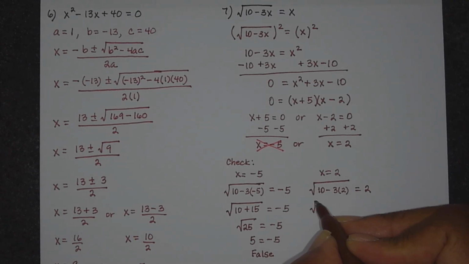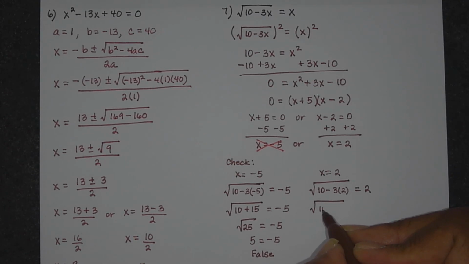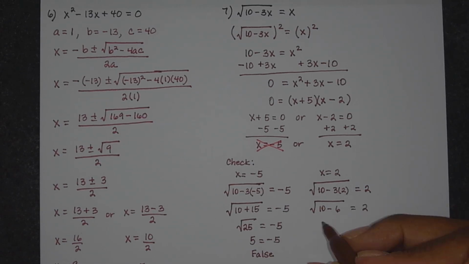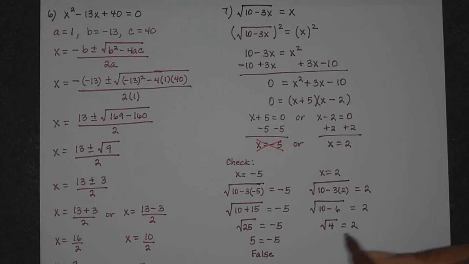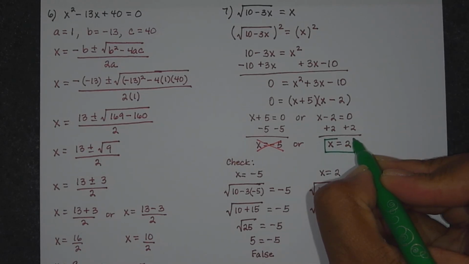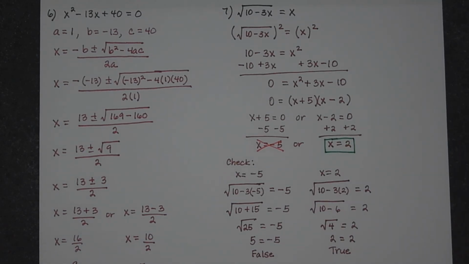Underneath that square root, 10 minus 3 times 2 is 6. 10 minus 6 is 4. What's the square root of 4? 2. And does 2 equal 2? It does. So that means that x equals 2 is the solution for this radical equation.